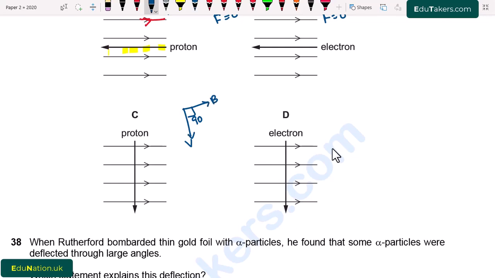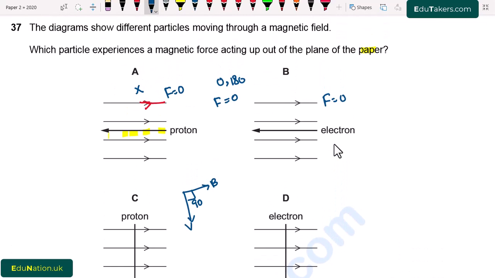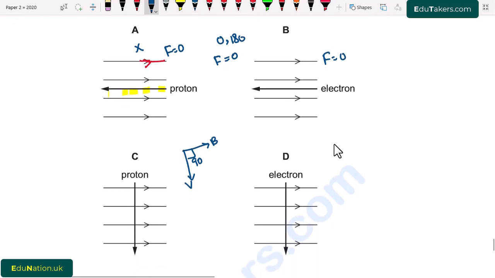We have to rotate the fingers of the left hand from the velocity vector to the direction of the magnetic field. Then our thumb represents the direction of force. In this case, the force will be out of the plane of the paper, which is asked in this question. So this option is correct.